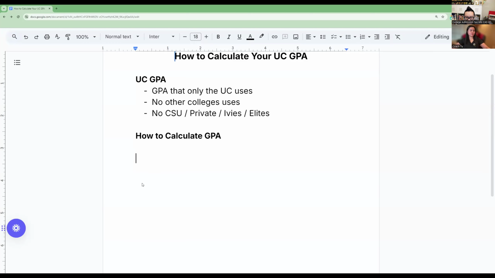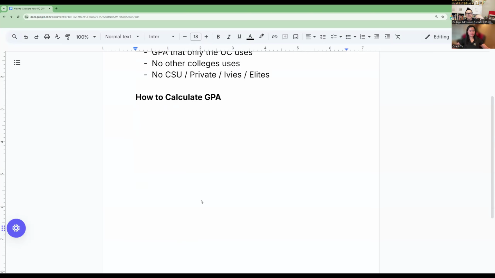So Coach Two, if I looked at a transcript, I see a lot of classes, I see the grades. What's the first step I do to calculate just a regular GPA? Yeah, for all of our families who have no idea how to calculate regular GPA, step one would be converting the grades to grade points.